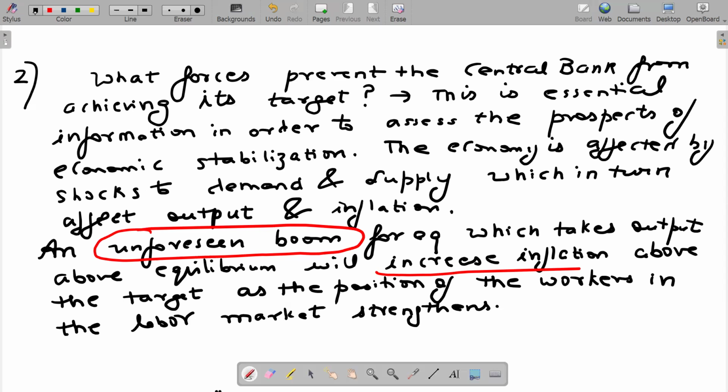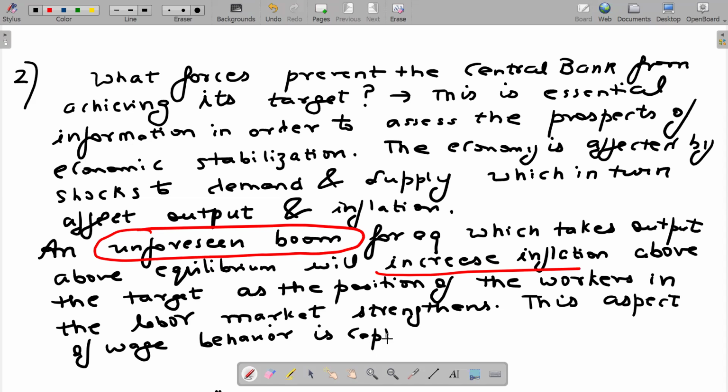This aspect comes from the Phillips curve. I can now write that this aspect of the wage behavior is captured in the Phillips curve.